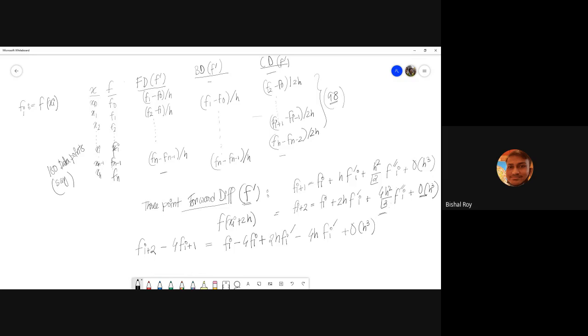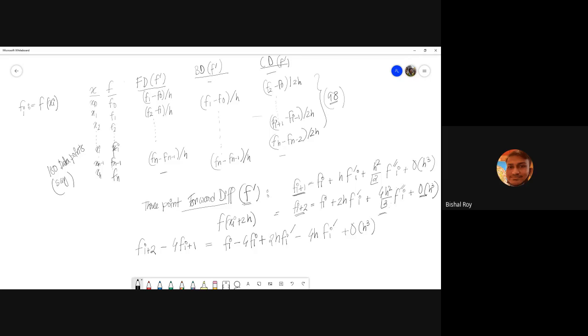Yes. Shouldn't that be h f dash i minus 8h f dash i? No. I'm subtracting 4 times this one from... Oh, sorry. Okay. Yes.